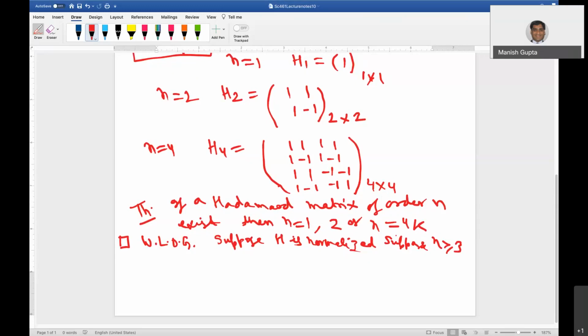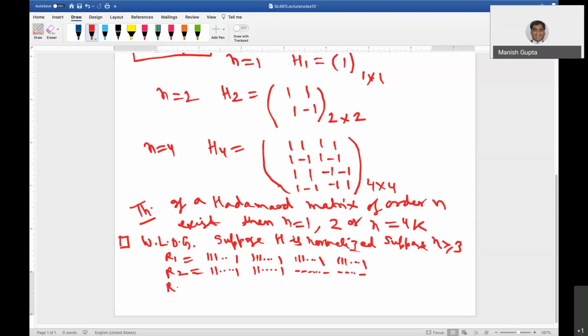Suppose the first row is 1, 1, 1, and so on. The first row is the all-one vector, without any problem. Second row: all ones, then all minus 1s.